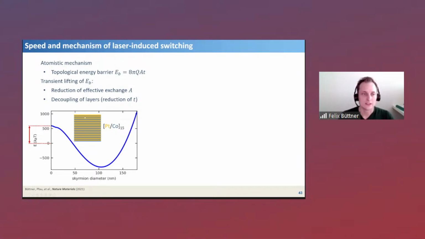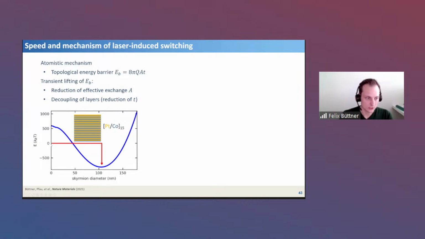Then you're reducing the effective layer thickness from the stack of the whole 15 repeats to the thickness of a single layer. That again reduces the energy barrier for skyrmion creation. So that's essentially the idea of how the path would be for that laser skyrmion creation.